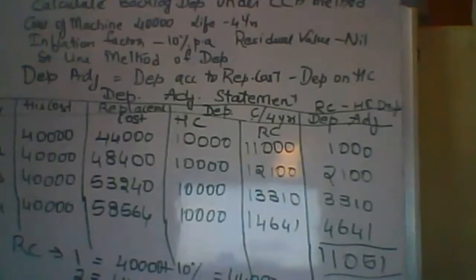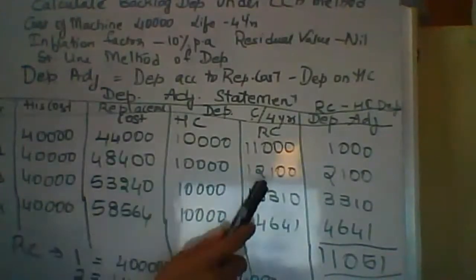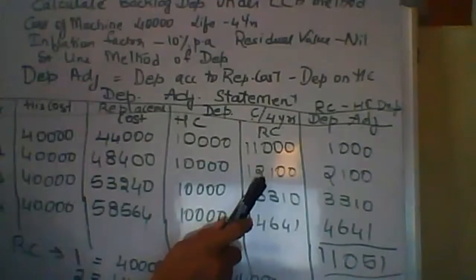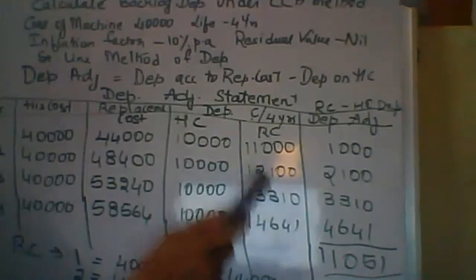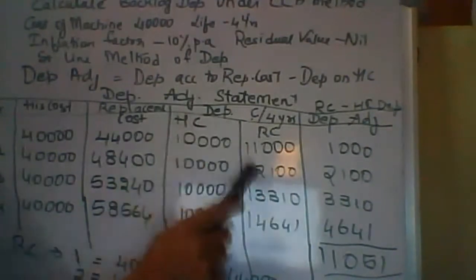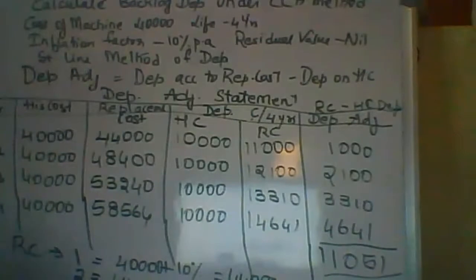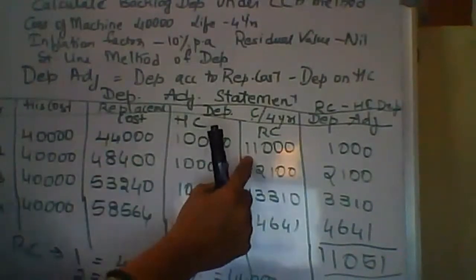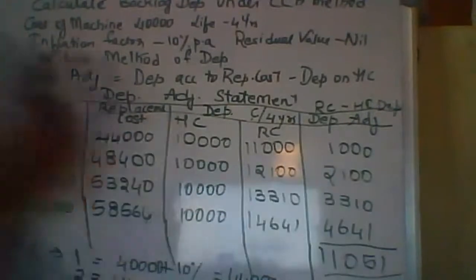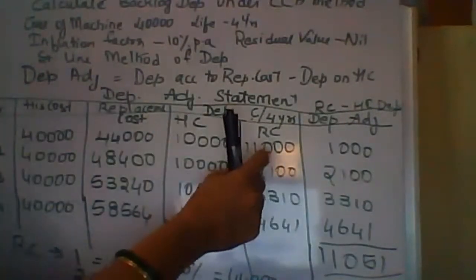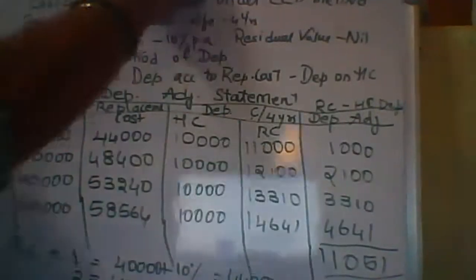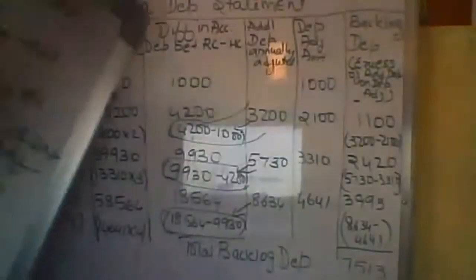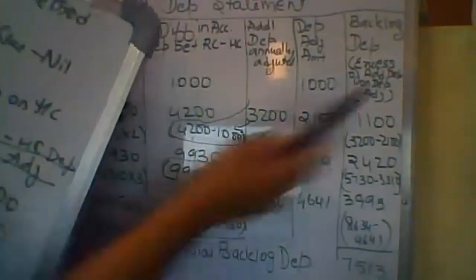But according to the straight line method, what should have happened? 12,100 if it is the second year. The straight line method should tell us that the first year also should be 12,100 only. So what's happening? In the first year you took 11,000 only. How much didn't you take in the first year? 1,100. That is my backlog.